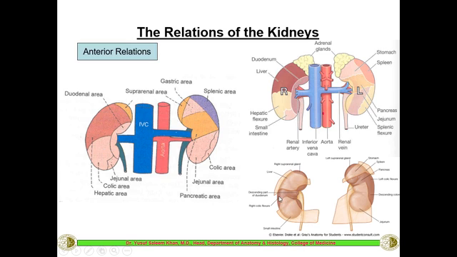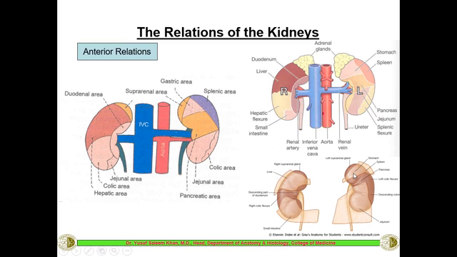So it will be almost devoid of the peritoneum here, as well as even the duodenal part. And on the left side, you can see here at the upper pole, because it is occupied by the suprarenal gland, it is devoid of the peritoneum.